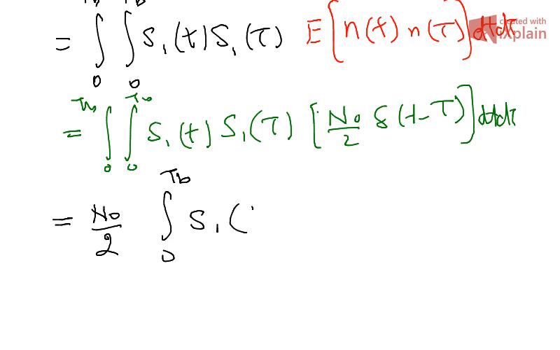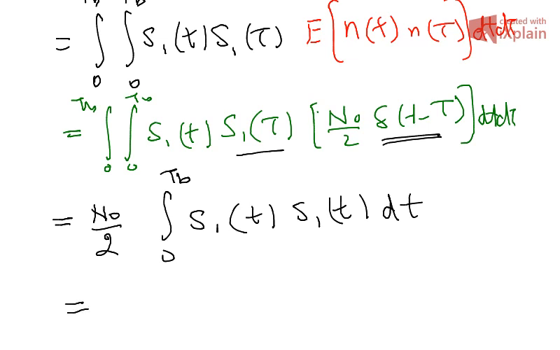So this would be s1(t), and again here you are getting s1(t) from here, and dt. One integral goes by integrating this term, right? So you have s1 squared now. The integral of s1 squared from 0 to Tb is actually the energy of the signal s1, right?